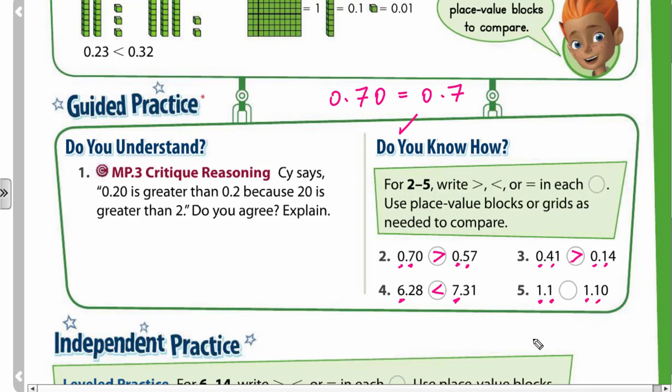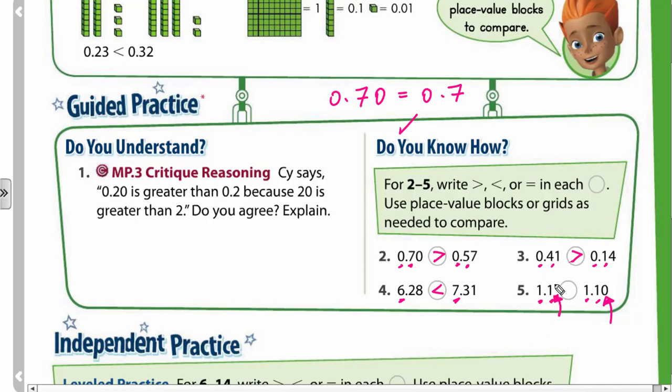The tenth is here, one digit is 1, and here also it's 1. They are the same. So we need to move to the hundredths. The hundredths here is 0, and here we don't have hundredths.